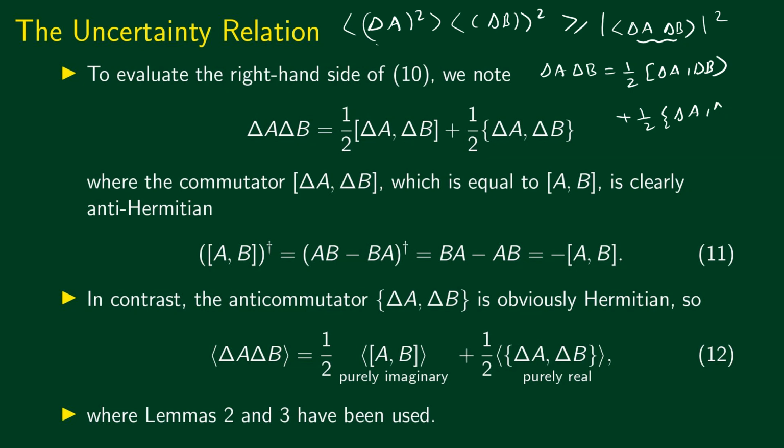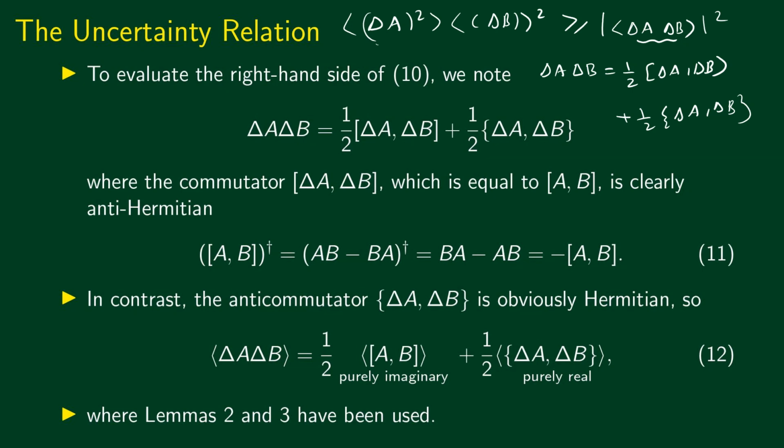Now we already know the definitions for the commutator and anti-commutator. This would be delta A delta B minus delta B delta A. This would be delta A delta B plus delta B delta A. So the minus delta B delta A from here and the plus delta B delta A from here cancel.